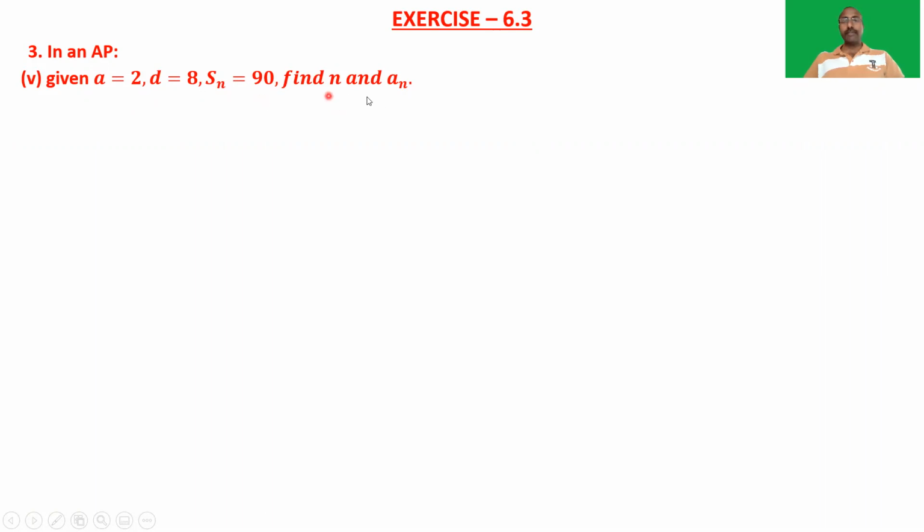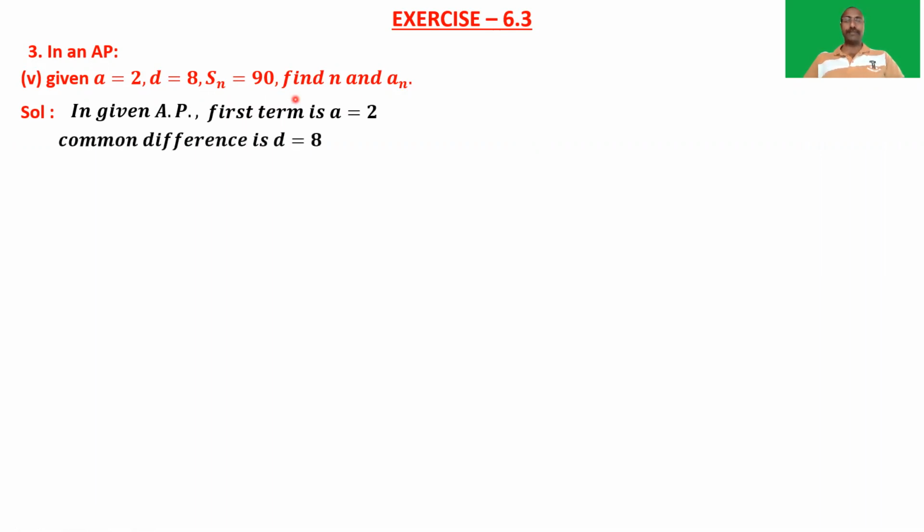And find an also. This is the question. So students, in the given AP, we have the first term a equal to 2, the common difference d equal to 8, and the sum of n terms, that is Sn, equal to 90.